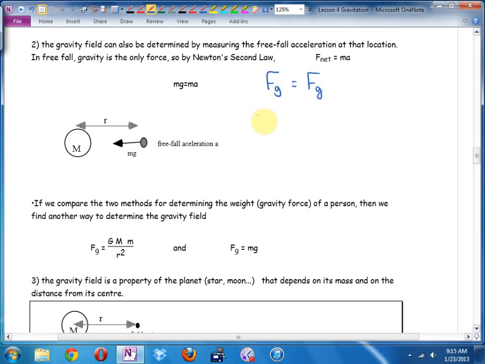On the Earth, we've written gravity as mg; universally, gravity is the universal equation, right?